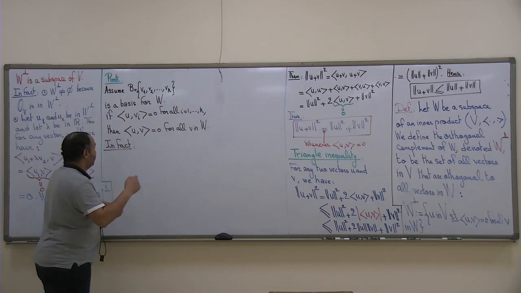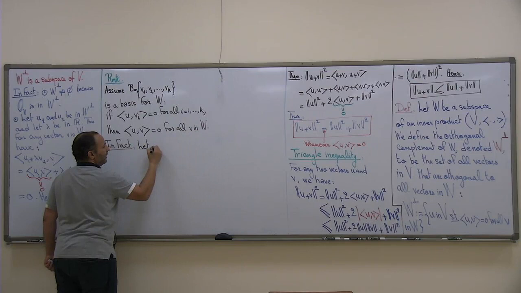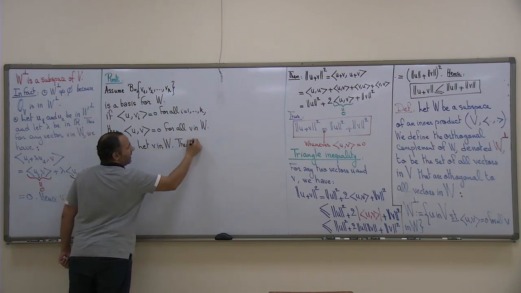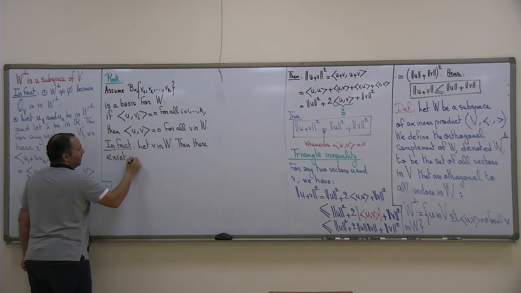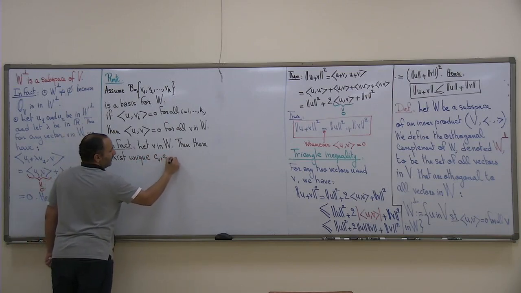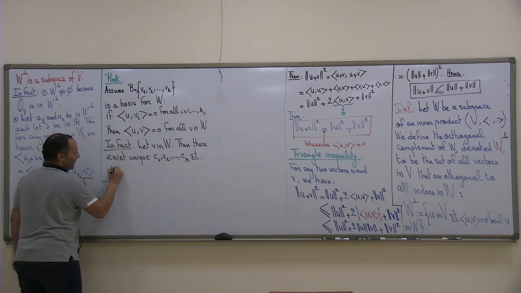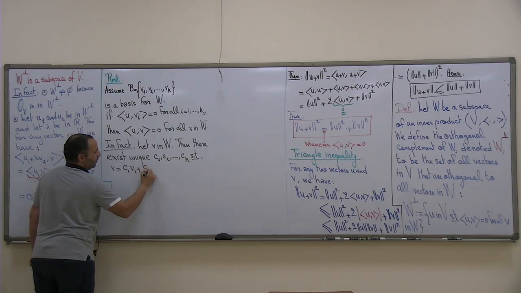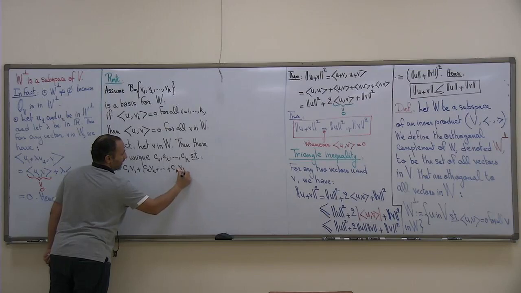Now I pick a random vector V in W. Then I know that there exist unique coordinates C1, C2, ..., Ck such that V is equal to the linear combination of the vectors of the basis: C1 V1 plus C2 V2 plus ... plus Ck Vk.